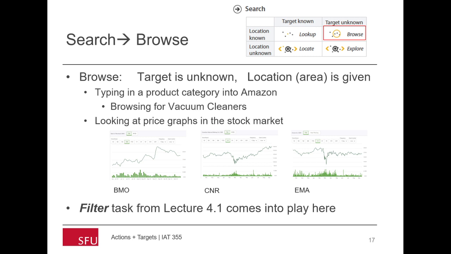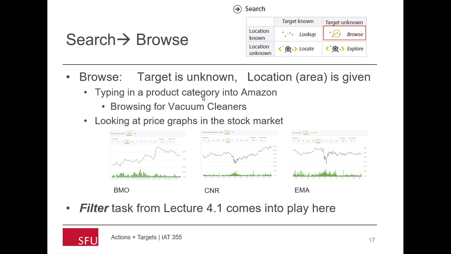Browsing is, just as the little table indicates here, where the detailed thing you're actually looking for isn't known, but you know where to look for it. You just need to go to that point in the stacks in the library, or you need to go to that shelf in the grocery store. You want to find soy sauce, and you need to go to where the sauces are, but you don't know exactly what brand you're looking for.